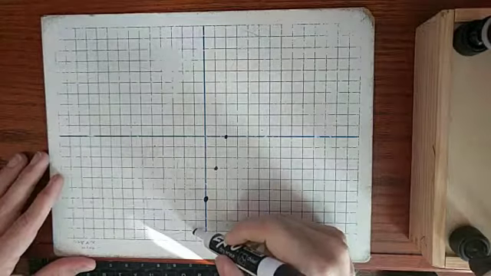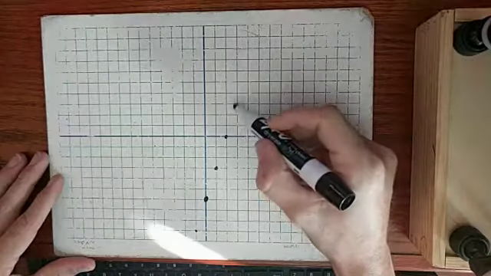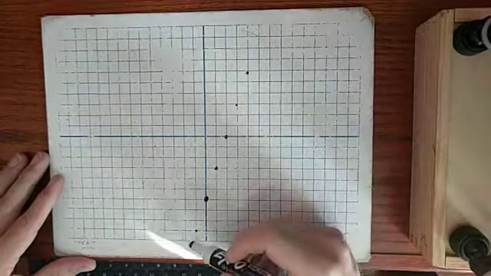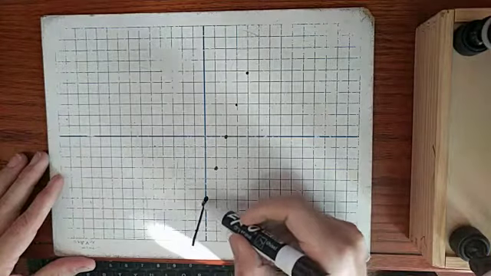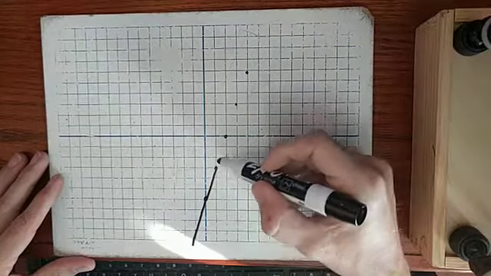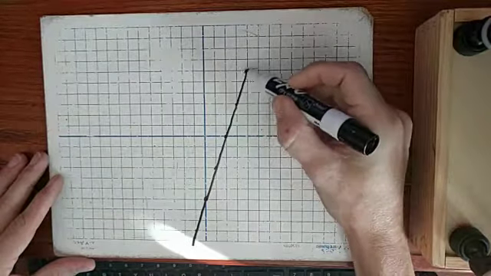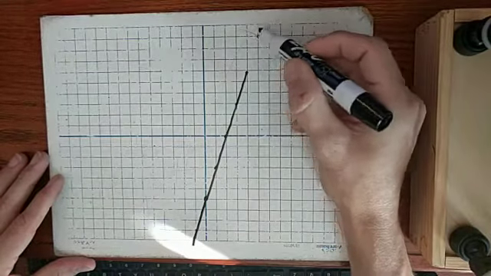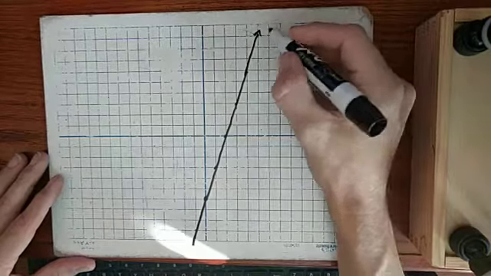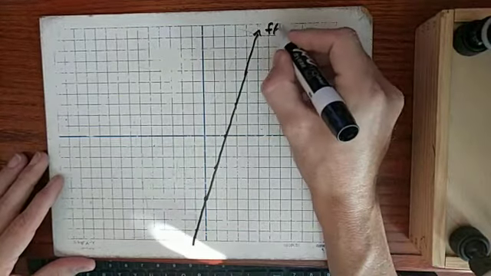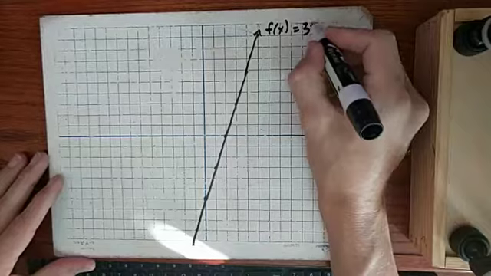Right, so we can map out some points here, and we can draw. I'm going to try my best to draw a straight line through these points. It's easier to draw a straight line if you have lots of points. So every time you go up 3, you go right 1. Okay, and so that's f of x is 3x minus 6.